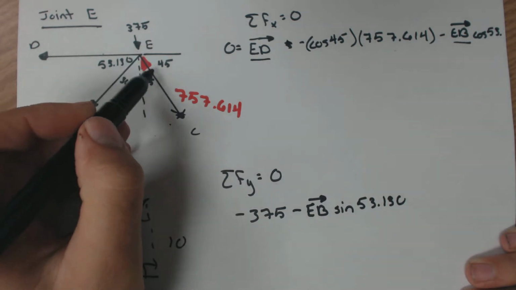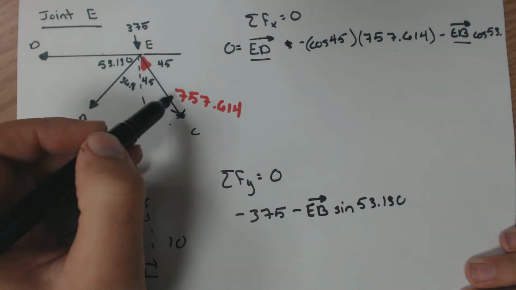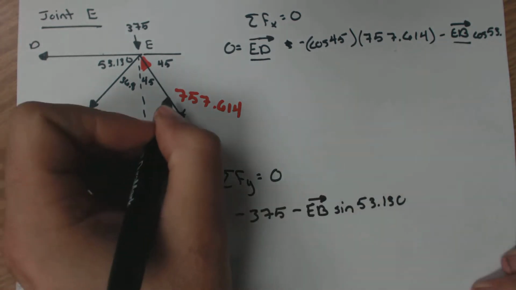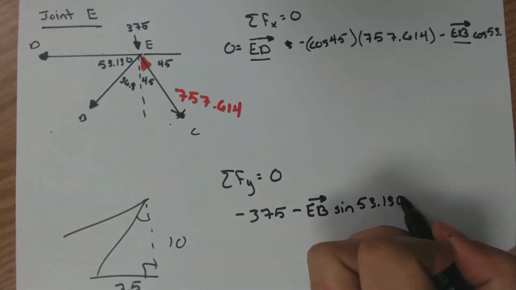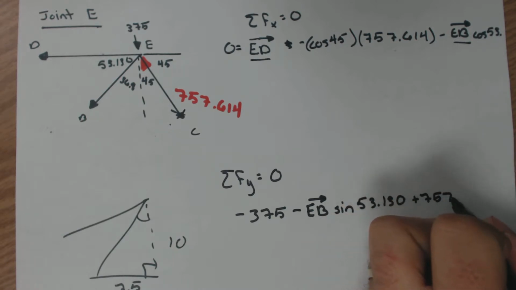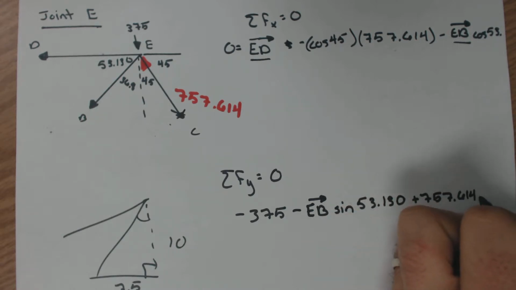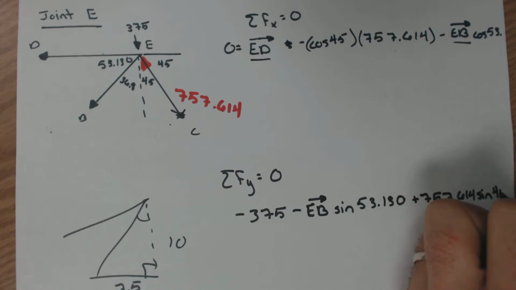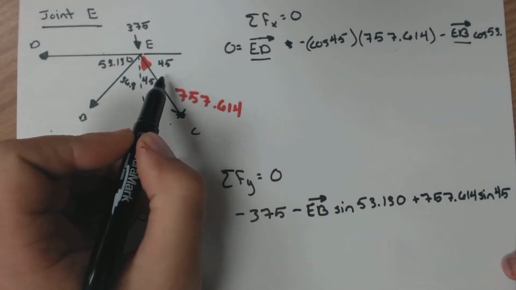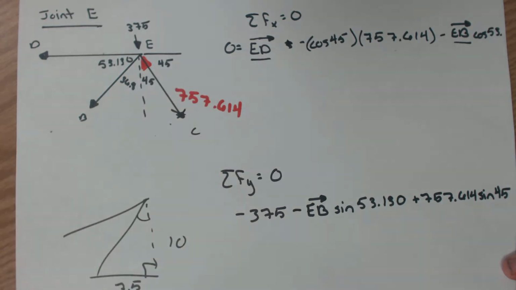I have the y value of this vector. This one I'm assuming is going up, so it's going to be a positive 757.614 times sine of 45. Again, I'm using this 45 up here, referencing my x-axis.